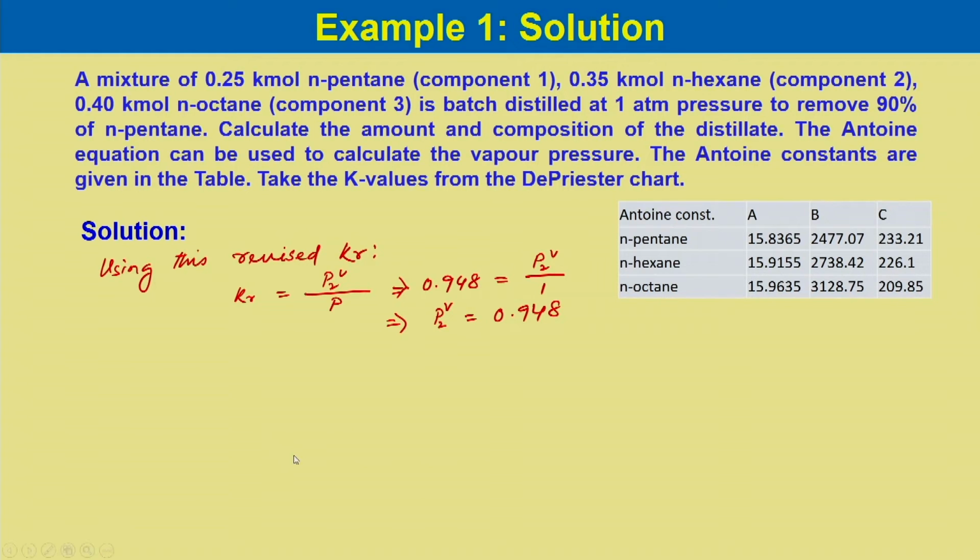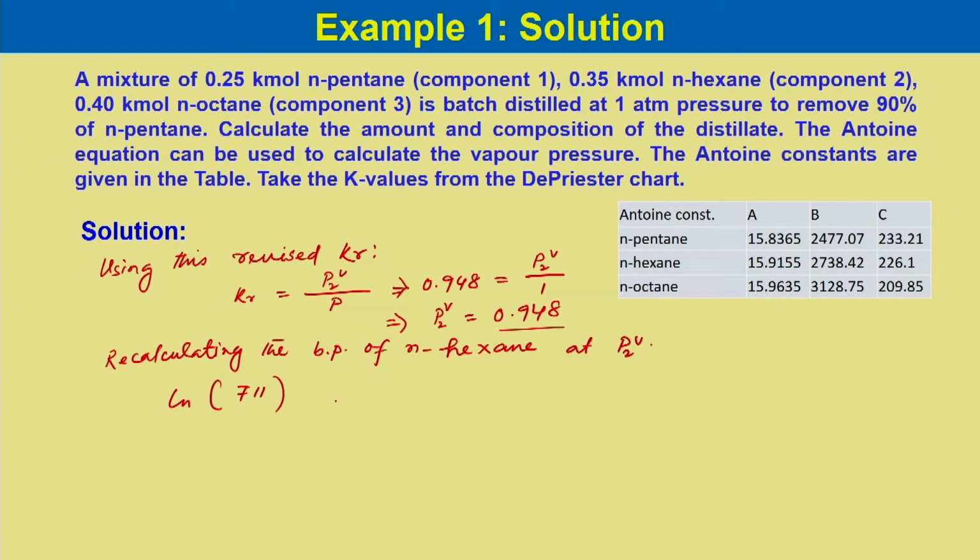Now, if we recalculate the boiling point of n-hexane at this pressure, at P2V, we can obtain ln 711 would be equal to 15.9155 minus 2738.42 divided by 226.2 plus theta.